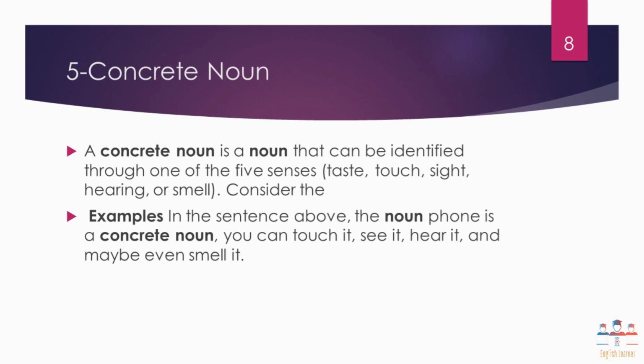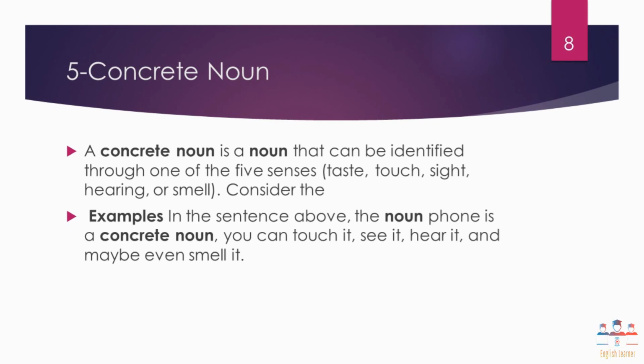By considering the examples, I hope you will be clear about the concrete noun. All the nouns which can be touched, which have a specific volume and occupy space, are included in concrete nouns. It means all the nouns which have a specific shape are called concrete nouns.